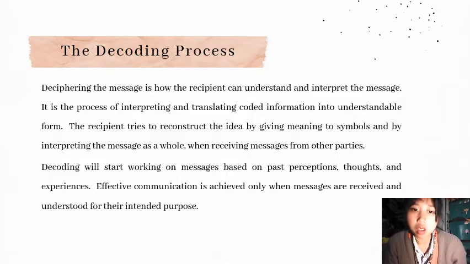When receiving a message from the other party, decoding will start working on the message based on perception, thought, and experience. Effective communication is achieved only when messages are received and understood for their intended purpose.